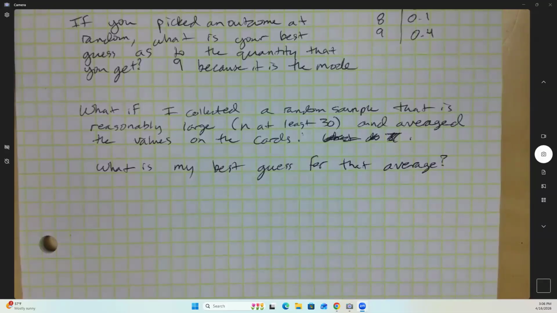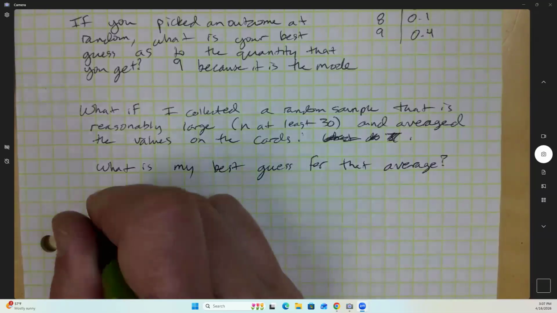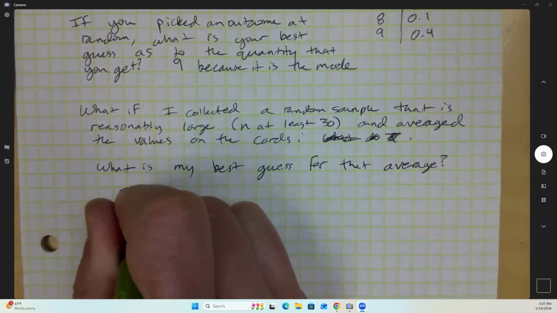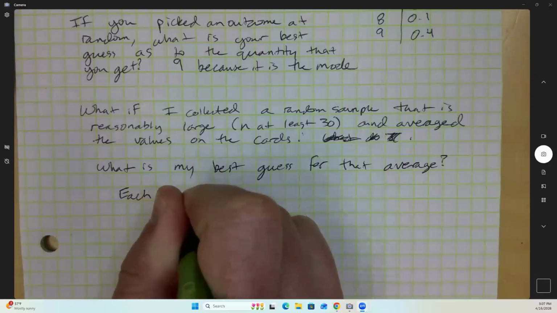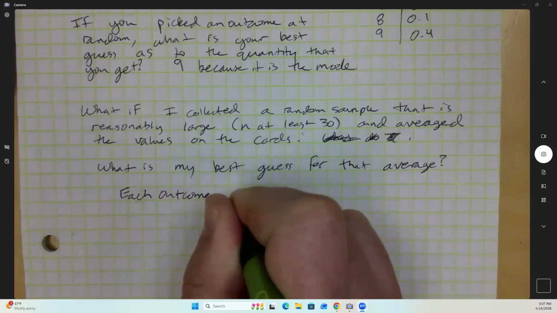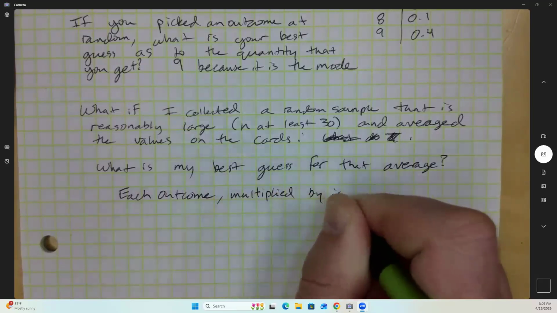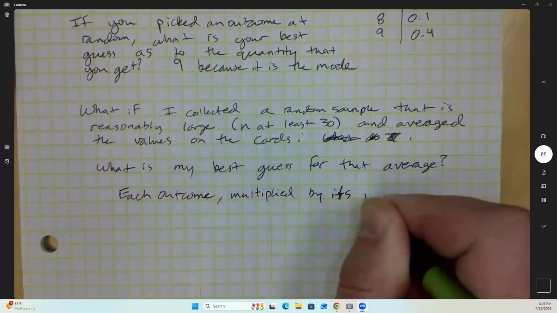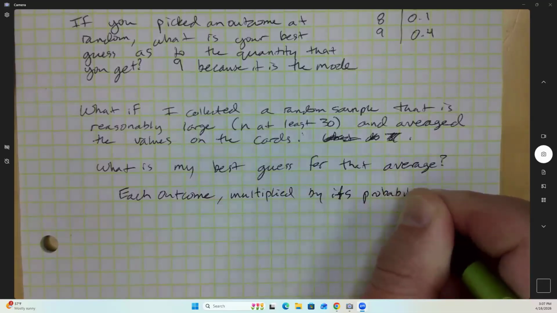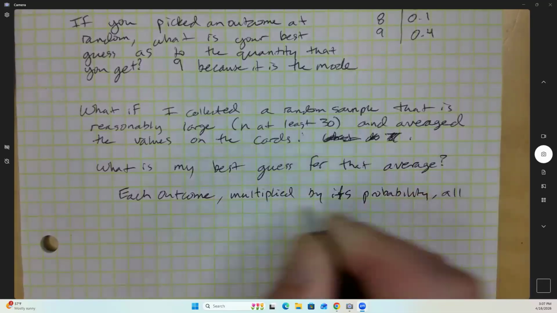And there's a nice mathematical way to figure that out. To figure this out, what we do is we take each outcome multiplied by its probability, all added together.